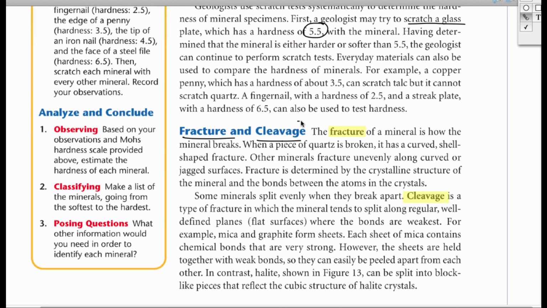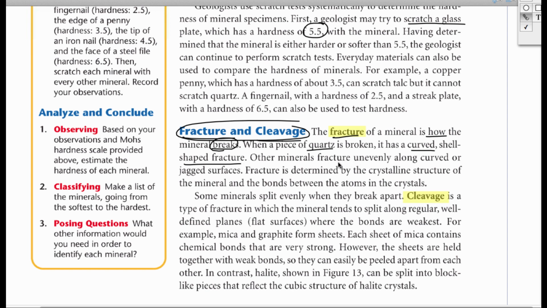Fracture and cleavage. Basically, both of these are how the mineral breaks. So fracture is how the mineral breaks apart. Does it break clean? Does it break jagged? So for example, it says quartz here, when it's broken, has a curved shell-shaped fracture.